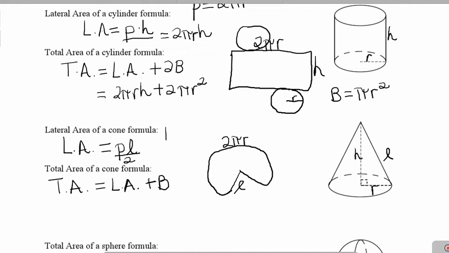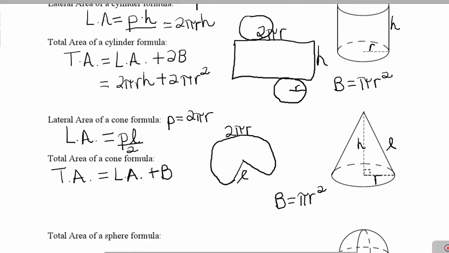Again, to calculate the perimeter of a circular base, we would use the circumference formula, 2 times pi times the radius. And then if we multiply that by the slant height and divide that by 2, that's how we calculate the lateral surface area of a cone. Also, don't forget to calculate the area of this base. Since it is a circle, we're going to use the formula pi times the radius squared. So again, these formulas are very nice because they are the same exact formulas that we've already covered in previous sections.